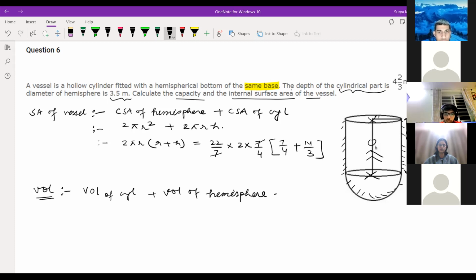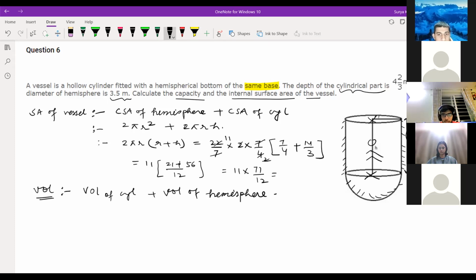7 and 7 get cancelled. 2 2s are 4. Then 2 11s are, so 11 into 4 3s are 12, 7 3s are 21 plus 56. So we can write 11 into 77 by 12. This only you are getting, Samarth? Yeah, sir.